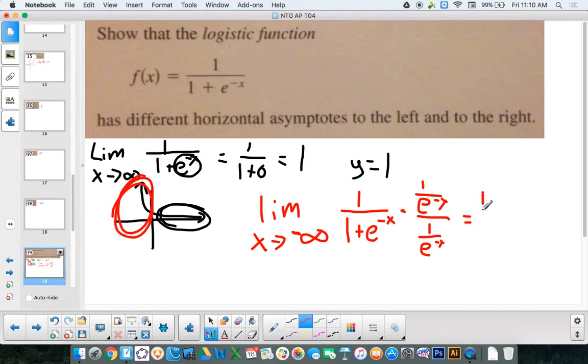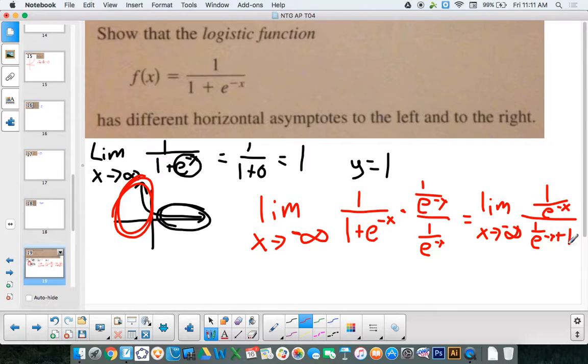So we get the limit as x approaches negative infinity of 1 over e to the negative x, over 1 over e to the negative x plus 1.